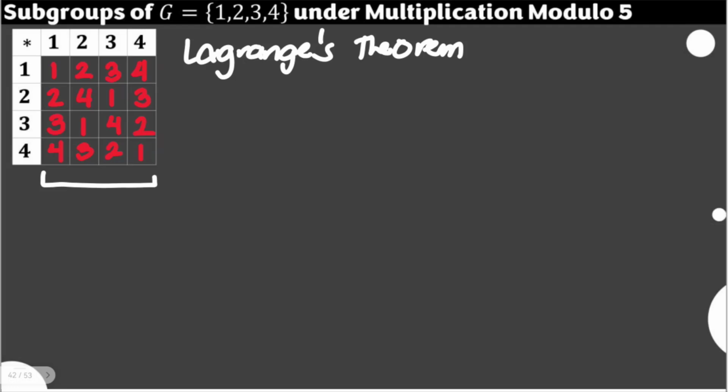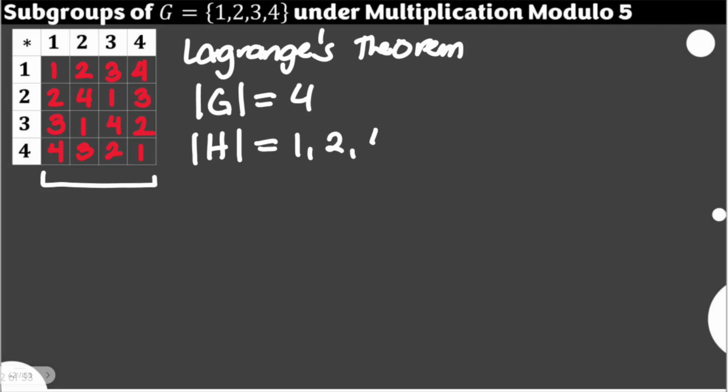The Lagrange theorem tells us that the order of G, again the cardinality of set G, is 4, meaning there are 4 elements. That means the order of any subgroup H of your group G would be a factor or positive divisor of the order of your group G. In this case, the positive divisors of 4 are 1, 2, and 4.